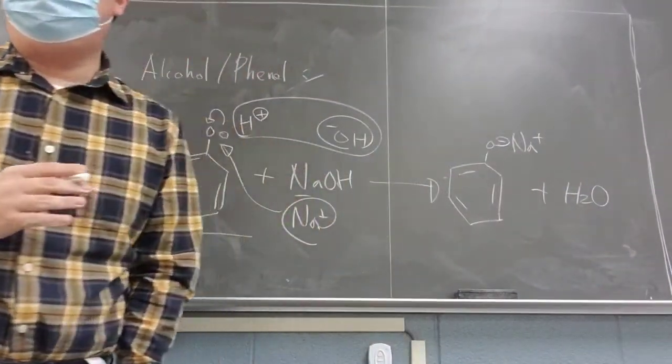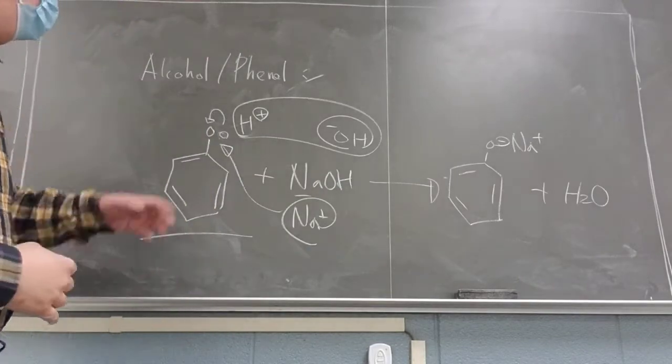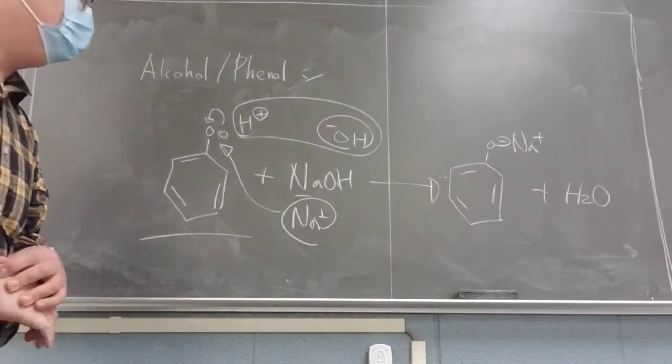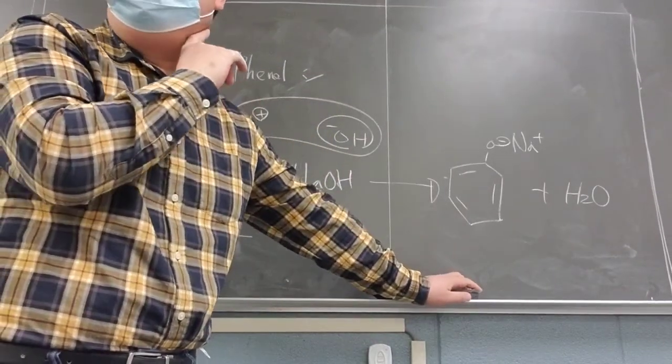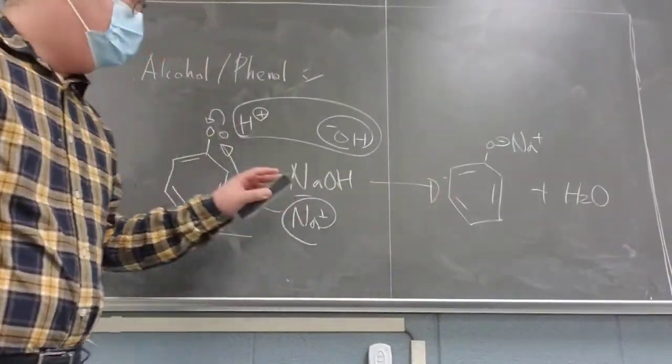So it is indeed a fact that phenol can also behave like a weak acid, like other regular alcohols. It's pretty much the same. Makes sense, right? You good? Okay. Can I move on?